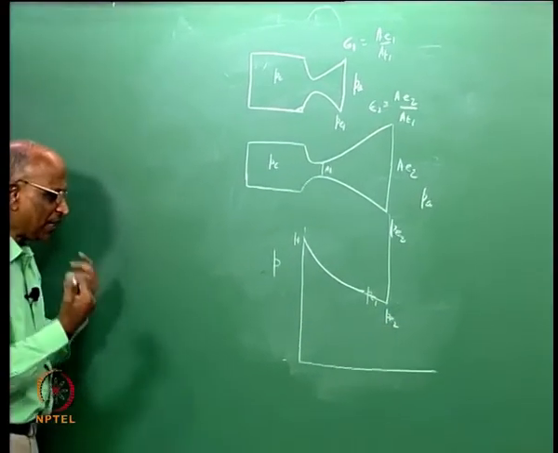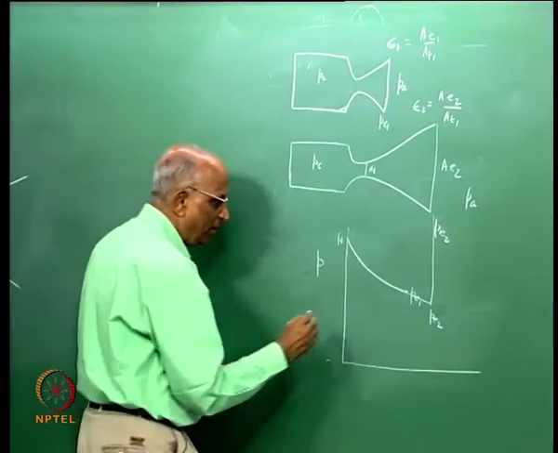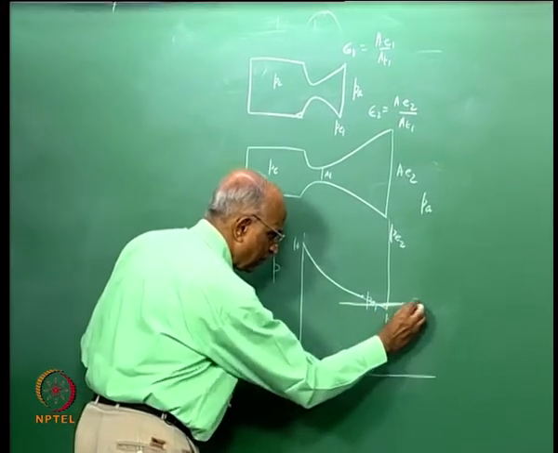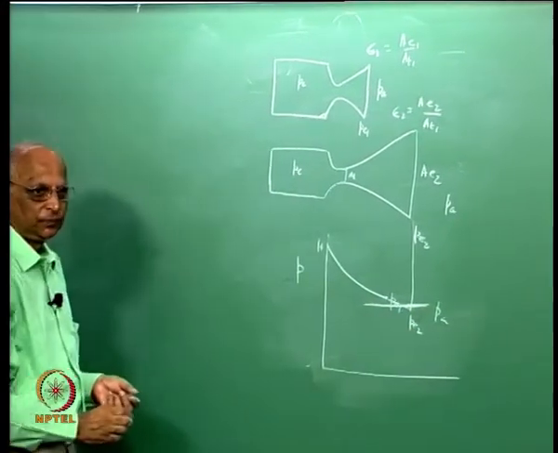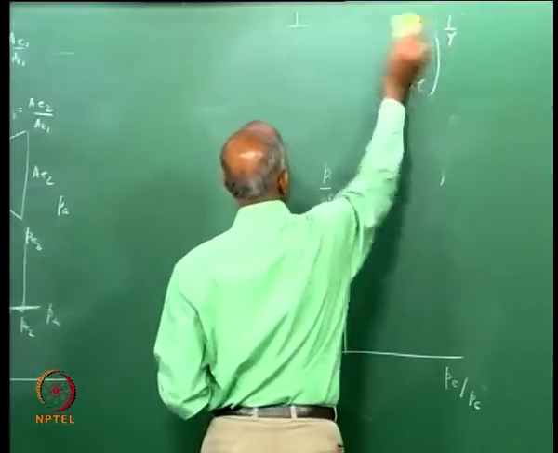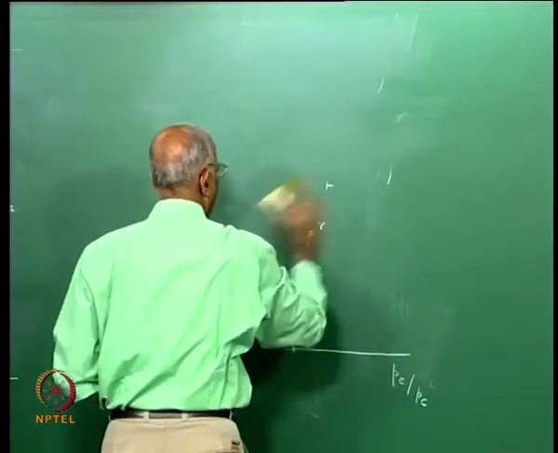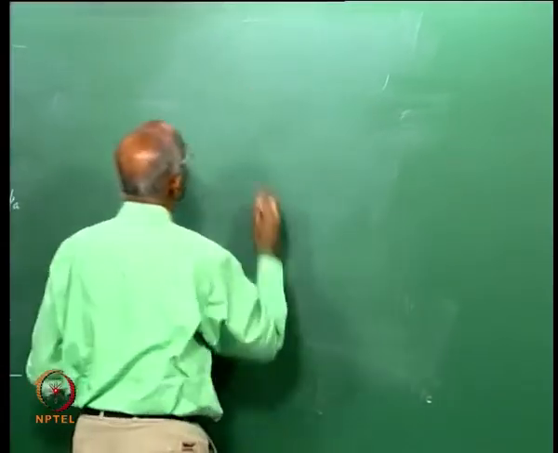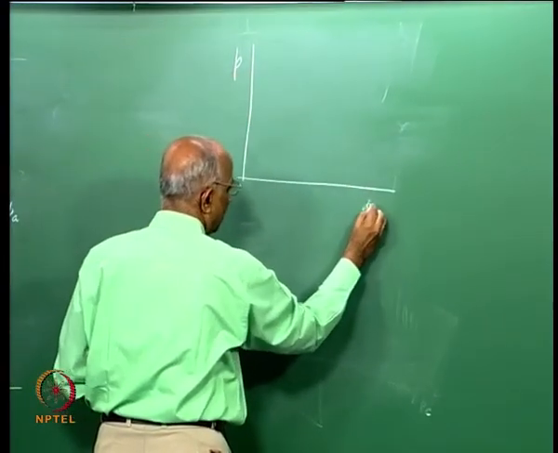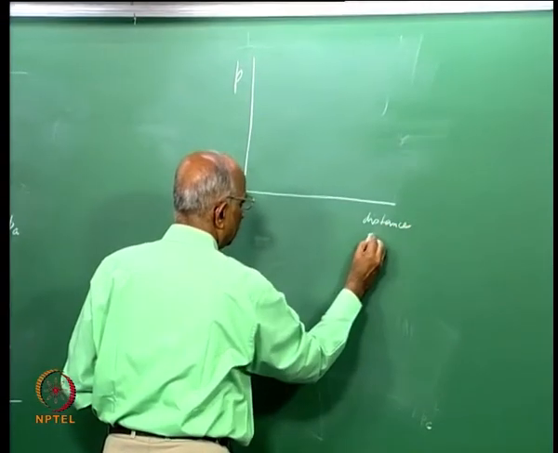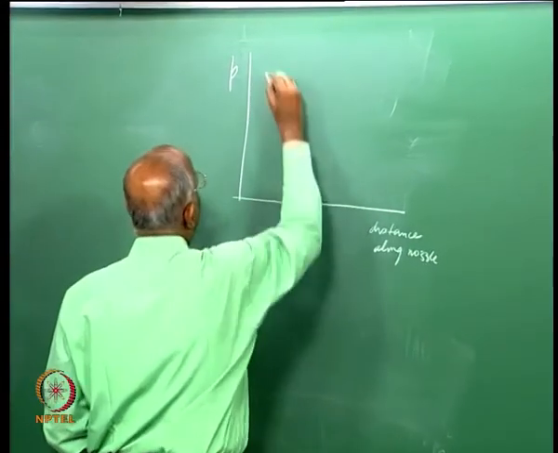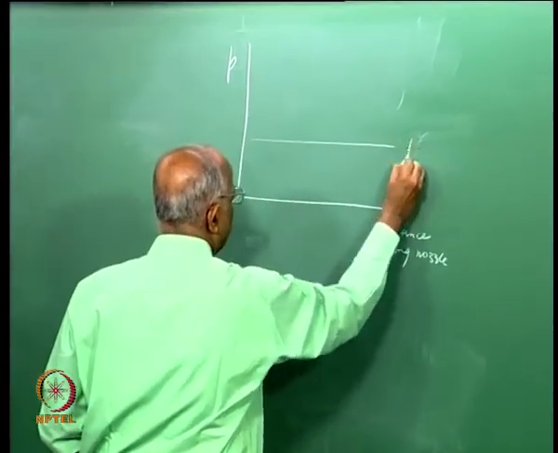Now supposing I consider a situation wherein the ambient pressure is somewhere over here. Let me replot this. What I am trying to tell you is, the pressure is varying along the nozzle. Supposing this is the distance along the nozzle and this is the ambient value of pressure PA.